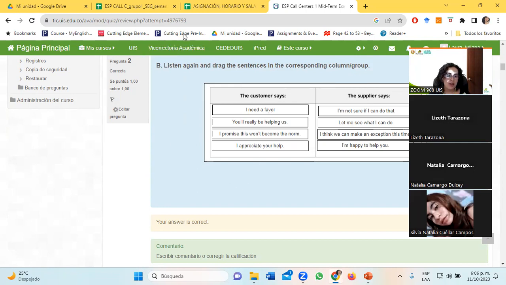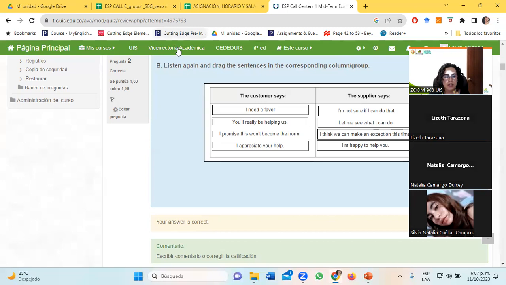Some of you had the whole point, and others had only half a point. We have 8 possible answers, right? So some of you had only 4 or 3 or 2. I already checked and I fixed your gradings manually.